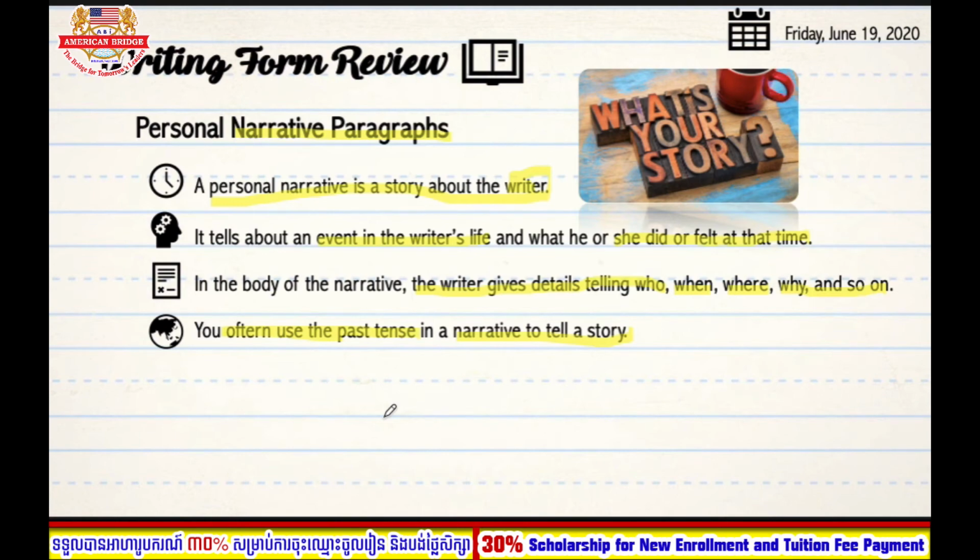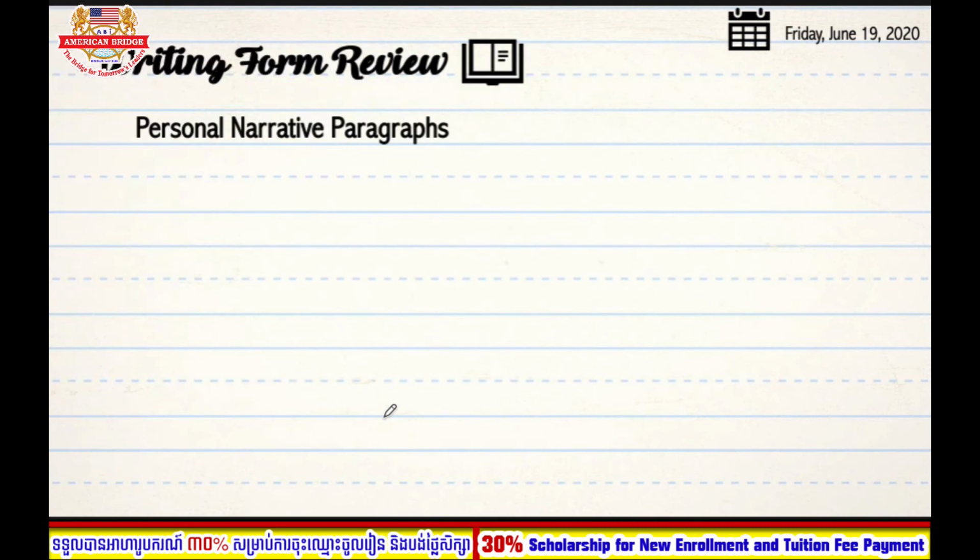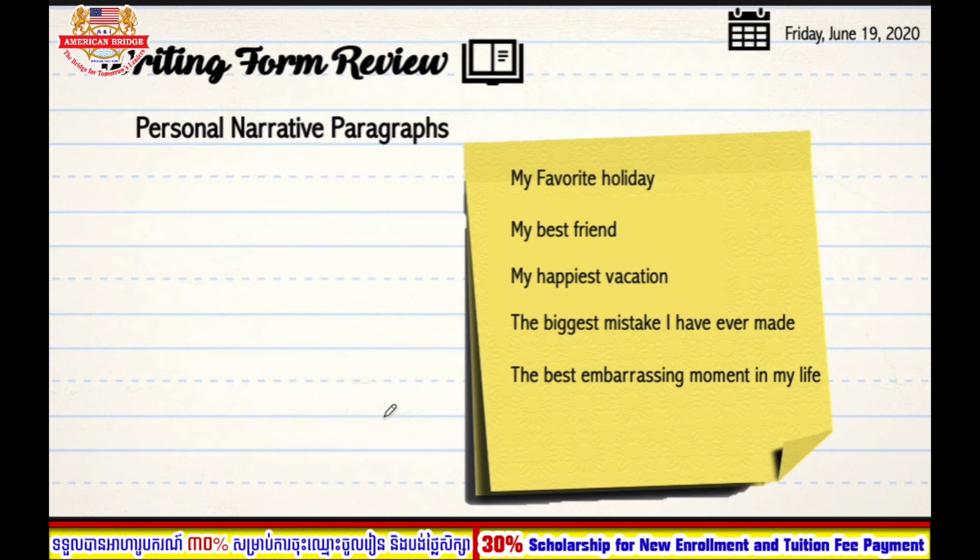Very good. So what are some of the topics that you can use to write about your own experience, which is the narrative paragraph? Here are some of the topics. Let's say you can write about your favorite holiday. You can write about your best friend. You can write about one of your happiest vacations. You can write about the biggest mistake that you have ever made, or the best or the most embarrassing moment in your life.